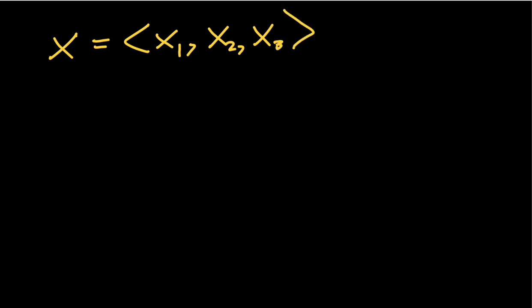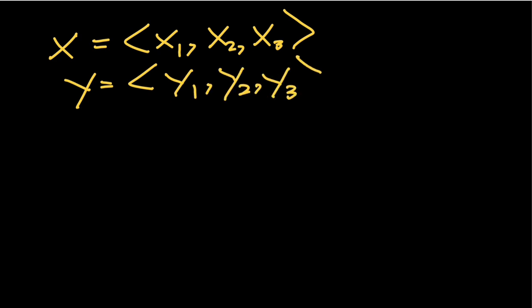Alright, if we have some vector x with components x sub 1, x2, and x3, and another vector y with components y1, y2, and y3, then its dot product is denoted in this way.